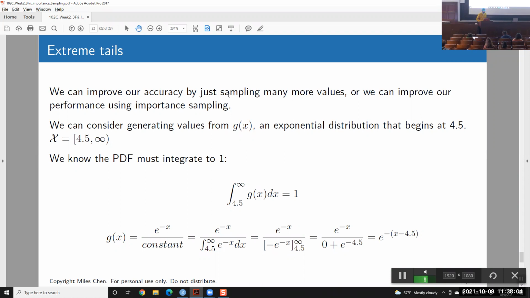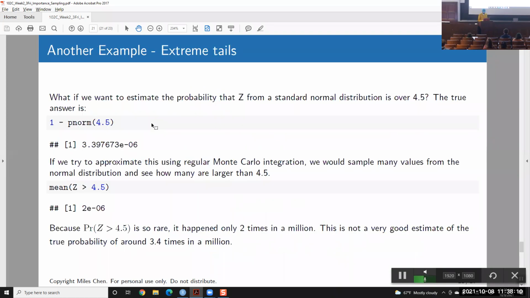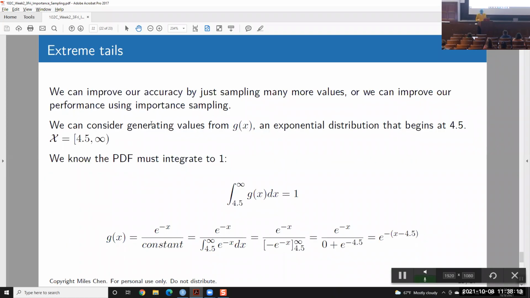So instead of generating values from the normal distribution, if you think of the normal distribution here, we're basically going way out here in some tail region. We're at 4.5.